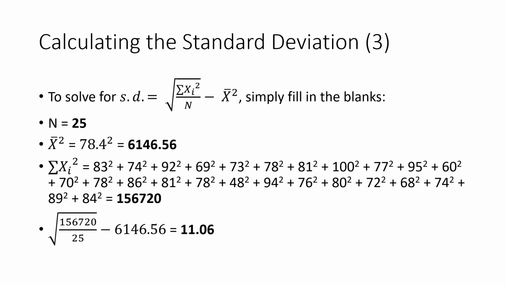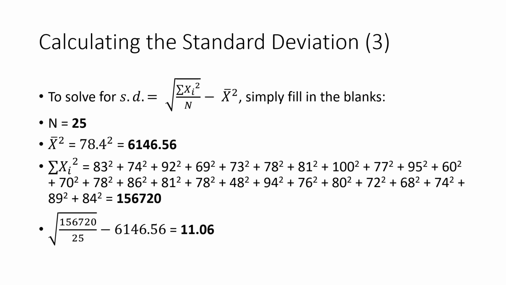So then we have the standard deviation is the square root of 156,720 divided by 25, and then subtract 6146.56. And if you take that calculation to its conclusion, then you get a standard deviation here of 11.06. So 11.06 is the standard deviation for the 25 scores that we analyzed here.